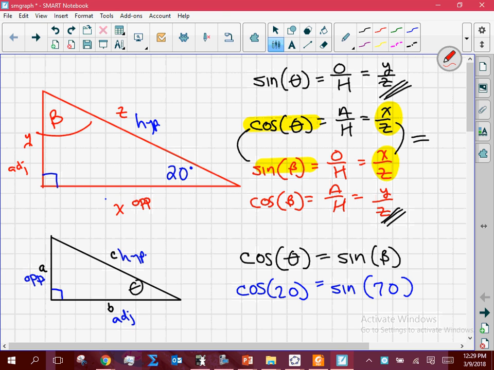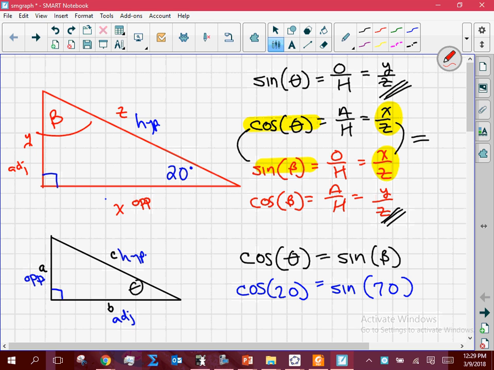Okay. So right there, hopefully you see those two numbers. What do 20 and 90 add up to? Sorry, 20 and 70. What do 20 and 70 add up to? Add up to 90. When you have two angles add up to 90, what do you call them? Complementary. What's the first two letters of complementary?